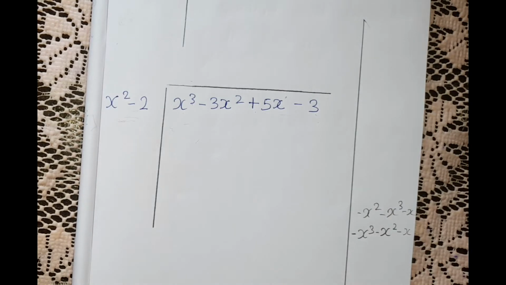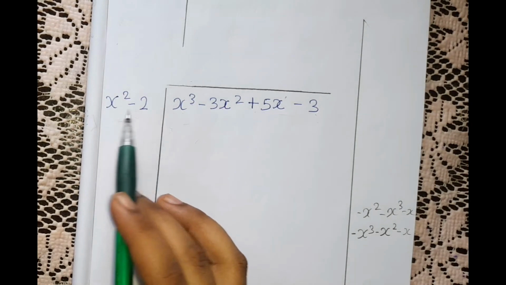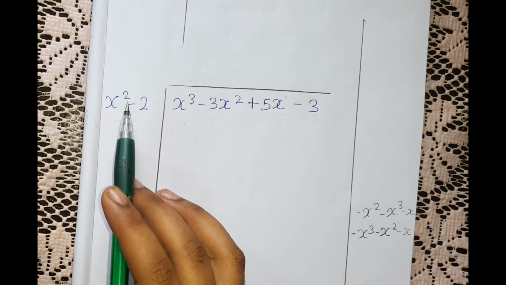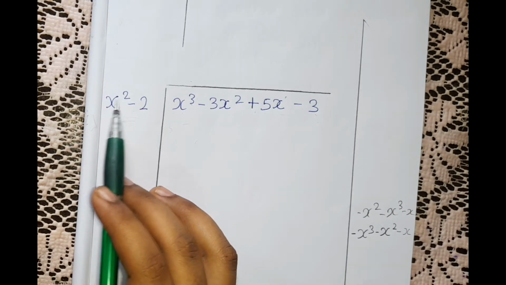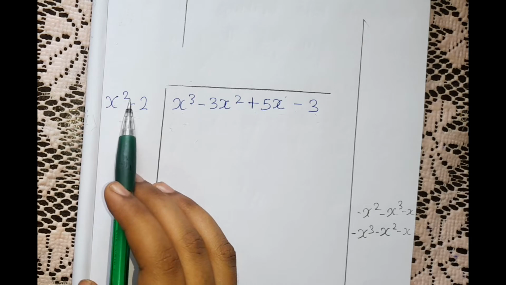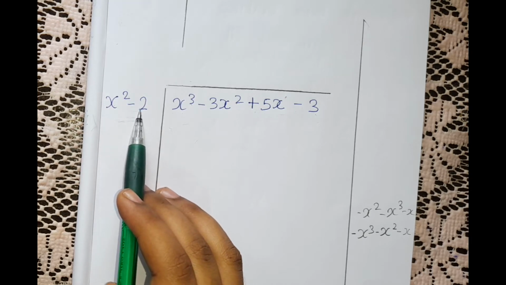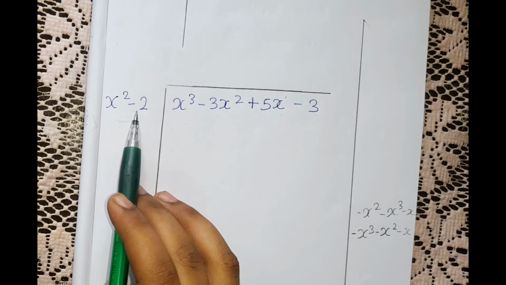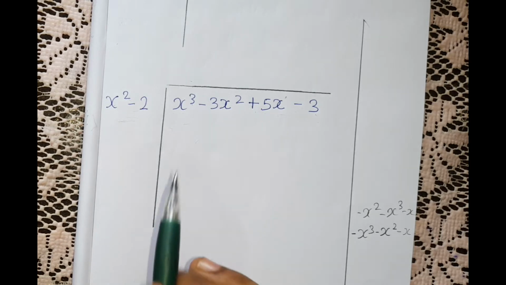Now let us do it. Here it is x square, and in the question they had given x square minus 2. So first x square is there, after that the constant number. It's okay because we don't have an x value.